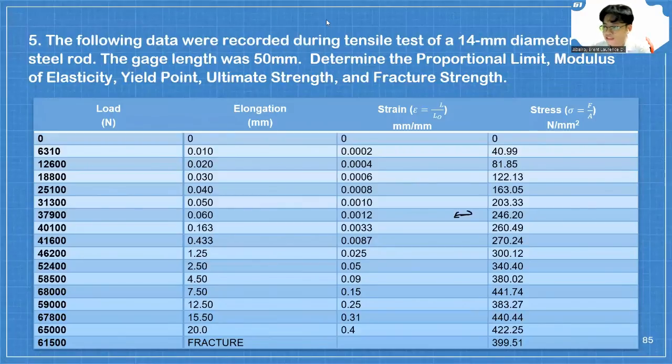Next is ang ating yield point. When we look back dito sa ating data, makikita natin dito si 40,100 at si 41,600. Na kung nagdagdag tayo ng small amount of load, which is 1,500, nakikita na natin na nagkakameron ng drastic na pagbabago sa ating stress at sa ating strain.